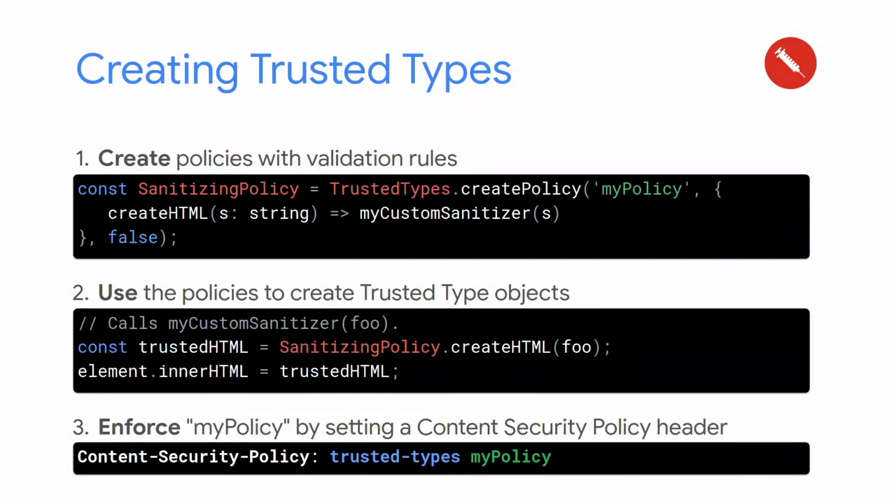So now the question is, okay, we know that you can pass these trusted types objects to these dangerous DOM APIs and everything will be fine, but how do you actually get those objects? How do you create them? This is the kind of meat of the proposal.